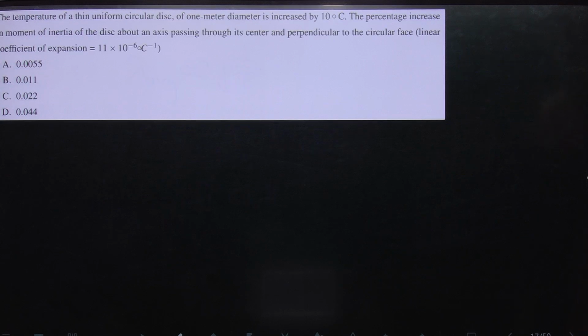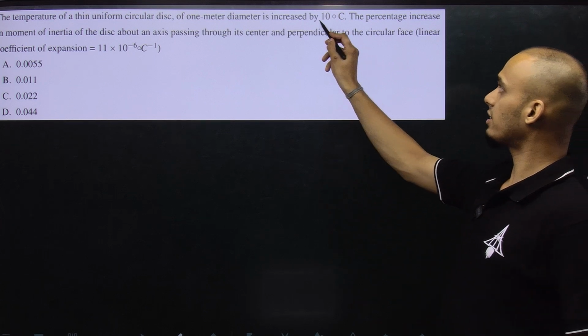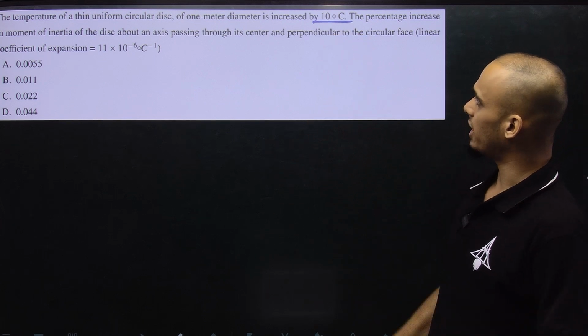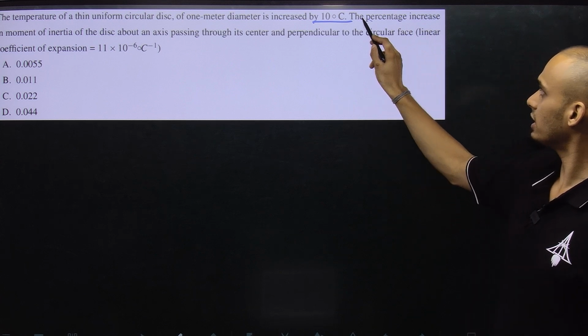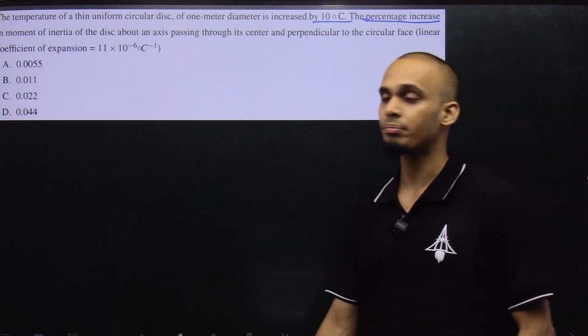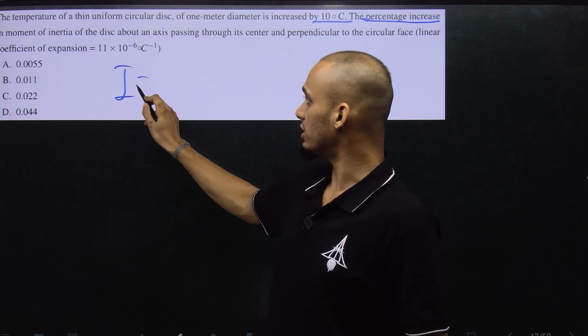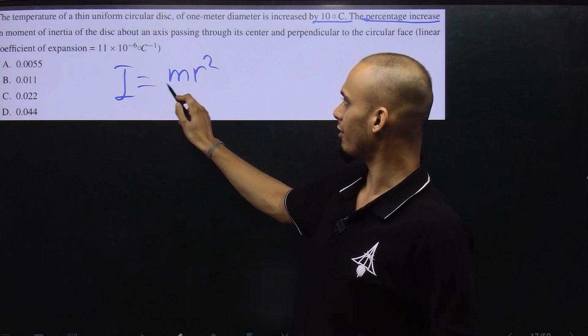Let's take a look at the next question now. We've been given that the temperature of a thin uniform disk is raised by 10 degrees, and we need to calculate the percentage increase of moment of inertia. We know moment of inertia for a disk is m r square by 2.